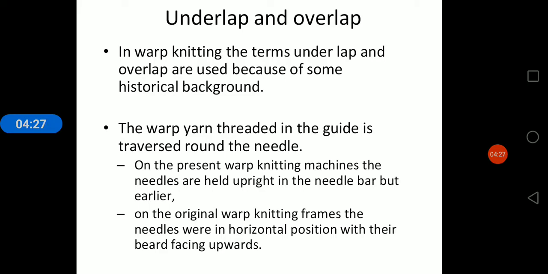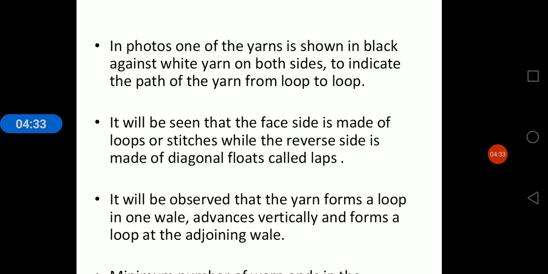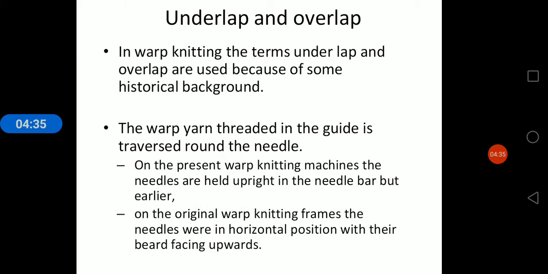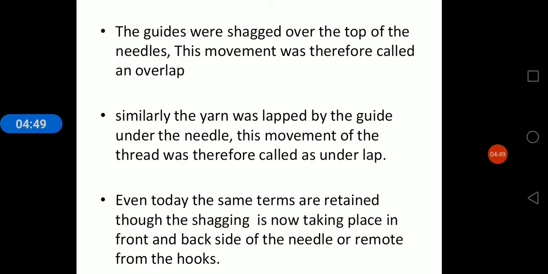The warp yarn threaded in the guide is traversed around the needle of the adjacent wales. On present warp knitting machines, the needles are held upright in the needle bar, but earlier, on the original warp knitting frames, the needles were in a horizontal position with their beard face upwards. The guides were shogged over the top of the needles. This movement was therefore called an overlap.